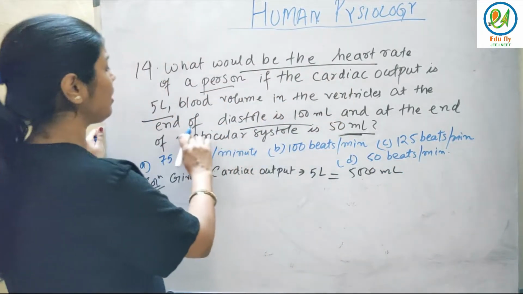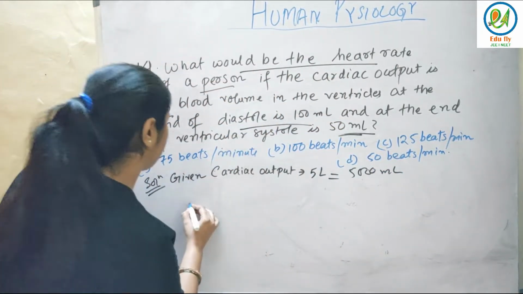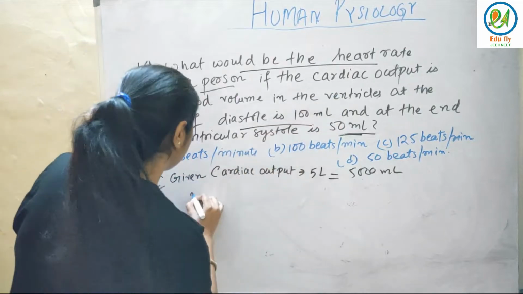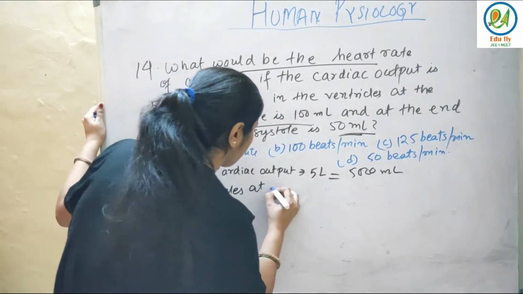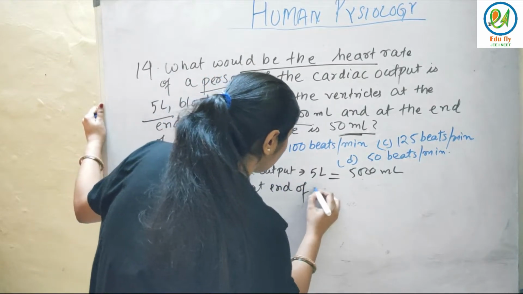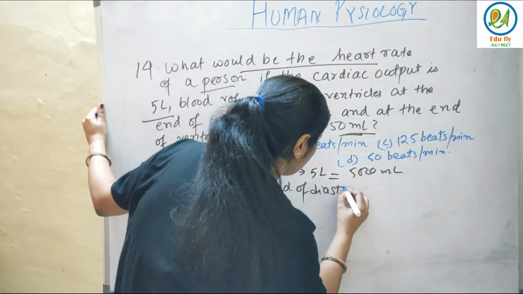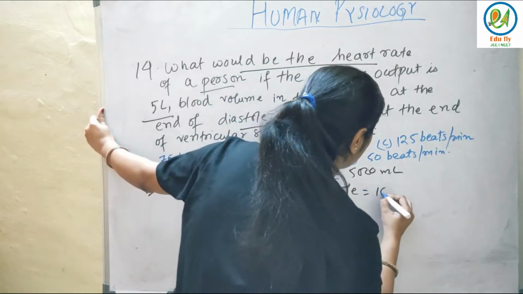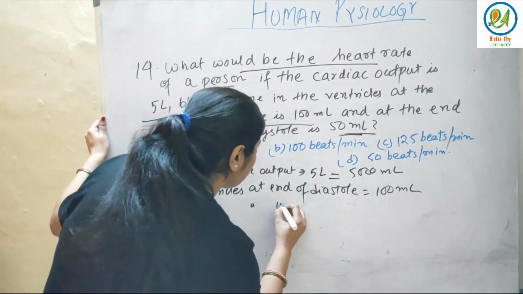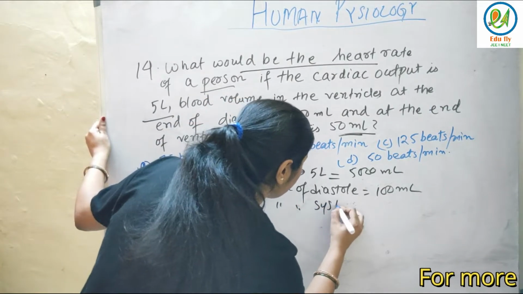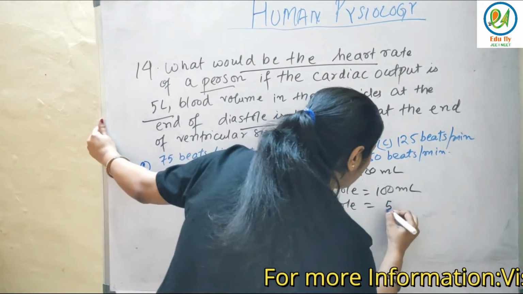And the volume in the ventricles at the end of diastole is given as 100 ml. Then at the end of systole it's given as 50 ml.